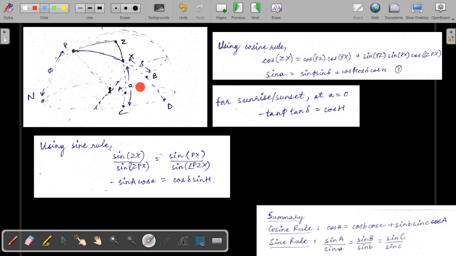And you get sine of the altitude is equal to sine of the latitude times sine of declination plus cosine of latitude times cosine of declination times cosine of the hour angle. So you have just converted from the equatorial system to the horizontal system. You have declination and latitude here, and you have the altitude here.